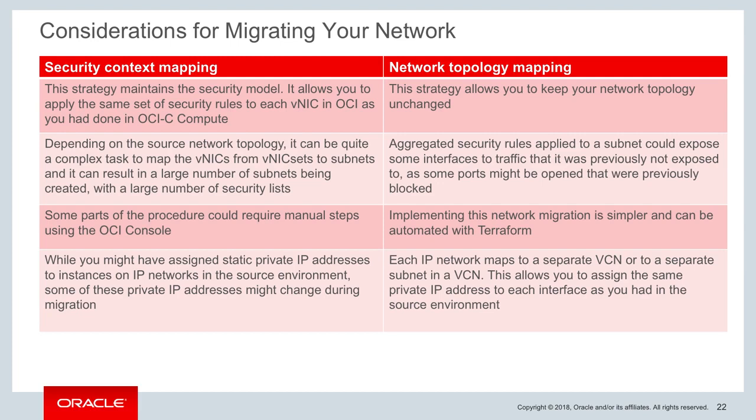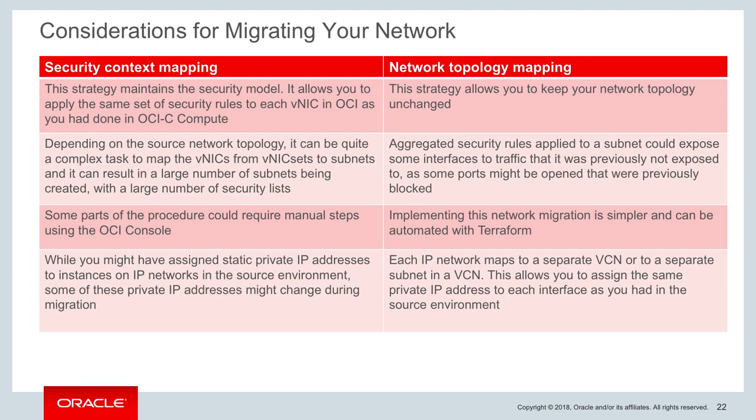And depending on the source network topology, it can be quite a complex task to map the VNICs from VNIC sets to subnets. And it will also result in a large number of subnets being created with a corresponding large number of security lists.